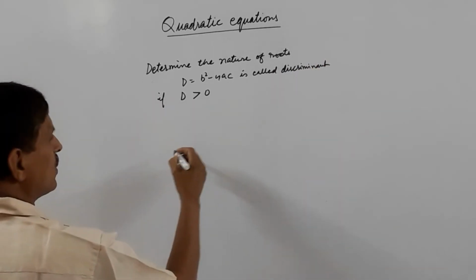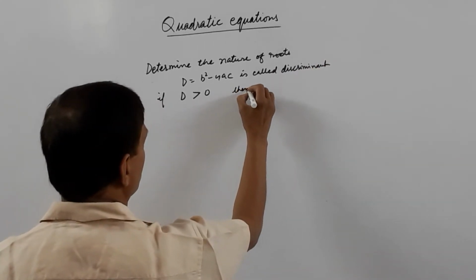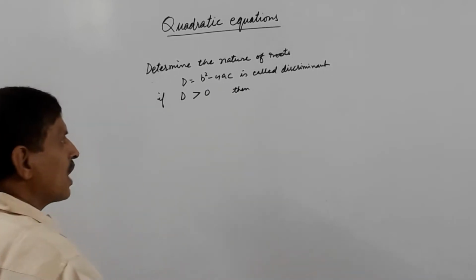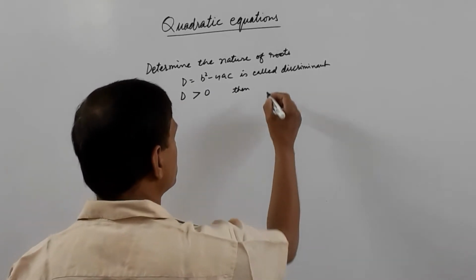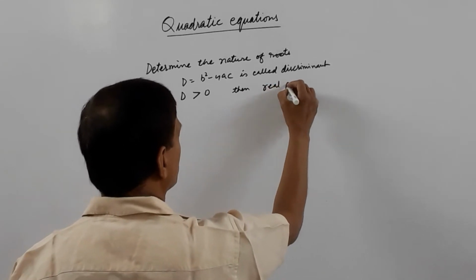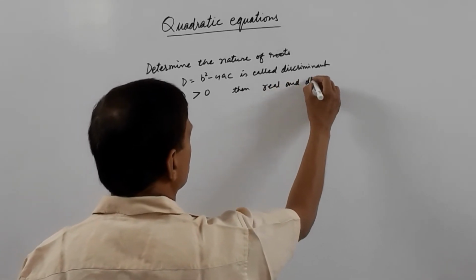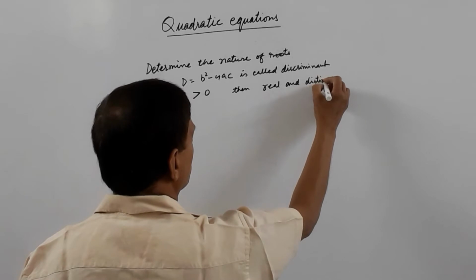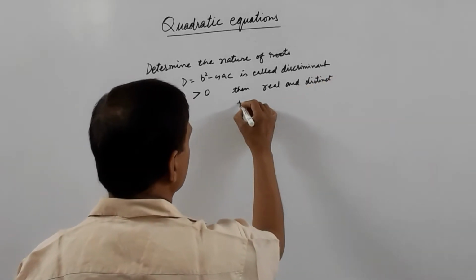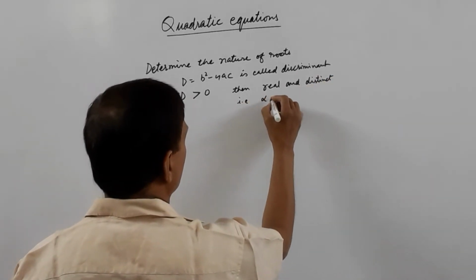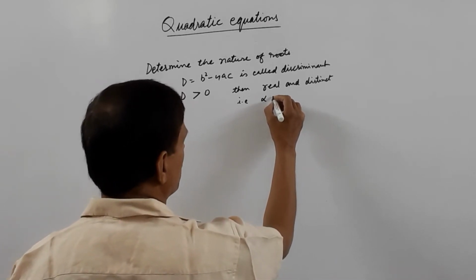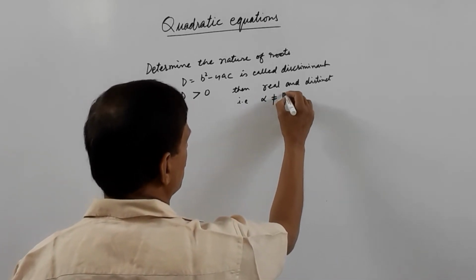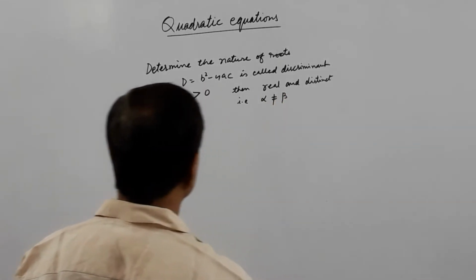If D is greater than 0, then the roots are real but distinct, or rather we can say real and distinct. That is, alpha and beta are the roots, but alpha is not equal to beta.